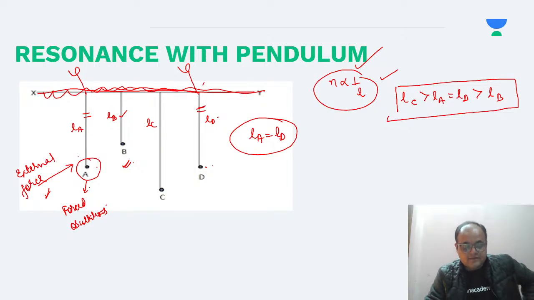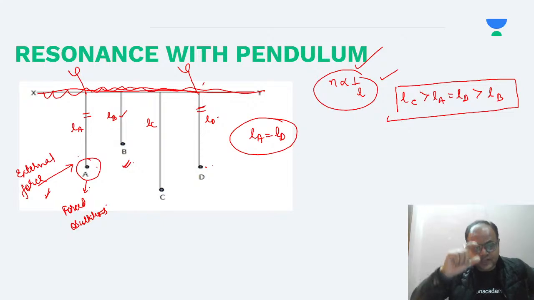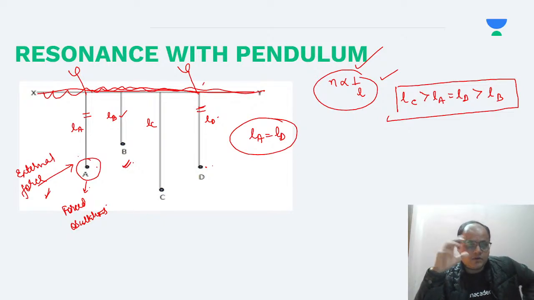I hope this is clear. This is a very popular question. They have asked it in board exams as well. Every time they change the pendulum lengths, and a number of students who have just mugged up the concepts mess it up. So whenever this type of question is asked, the very first thing you have to focus on is checking the lengths of the string, or precisely the lengths of the pendulum.